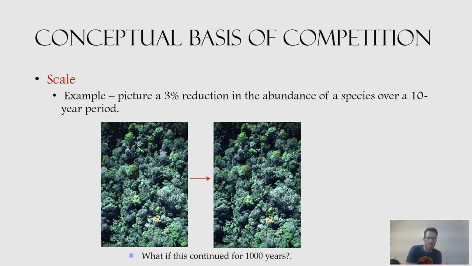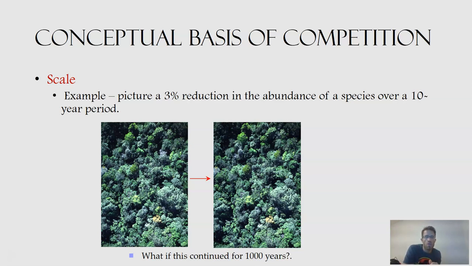To give you an example of this, let's look at this picture of a forest. We're looking down at this forest and we see a bunch of different trees. Maybe there's a whole bunch of different species, with different shapes and sizes and different colors. So let's imagine from left to right, we have a 10-year period.